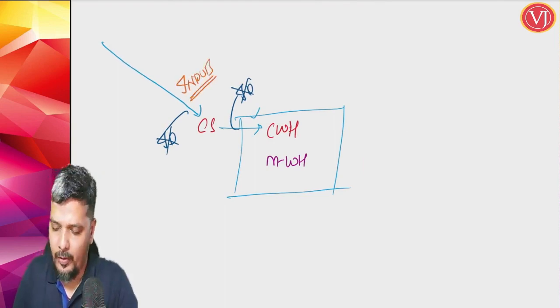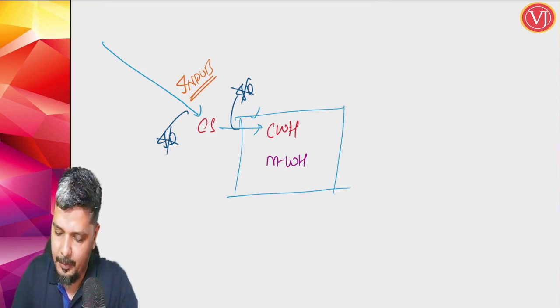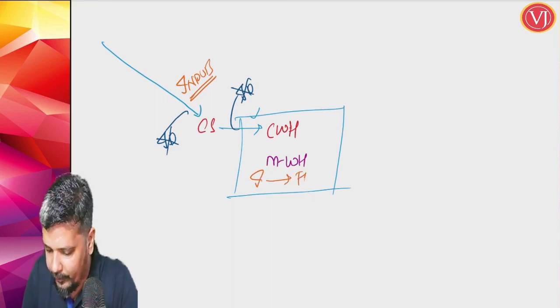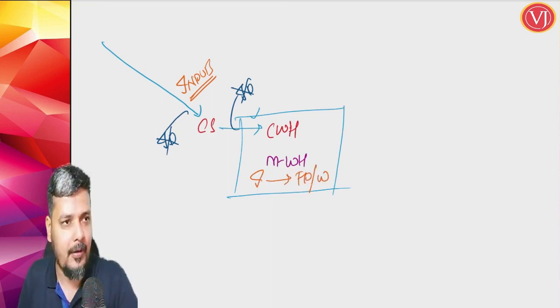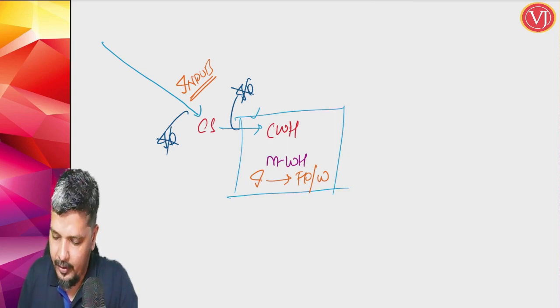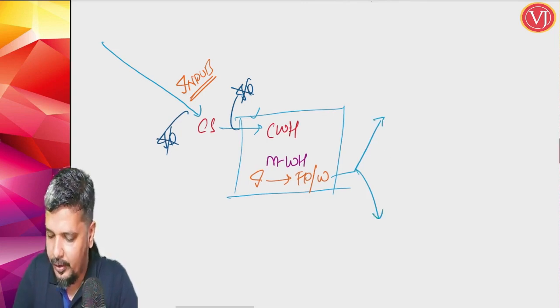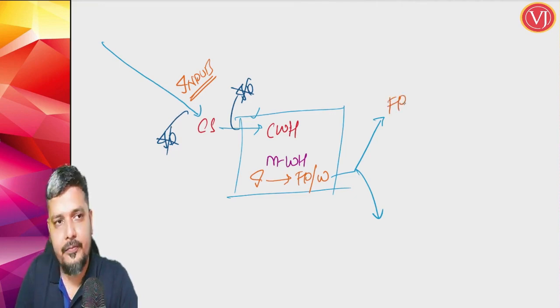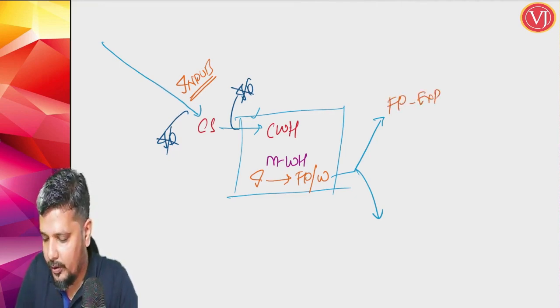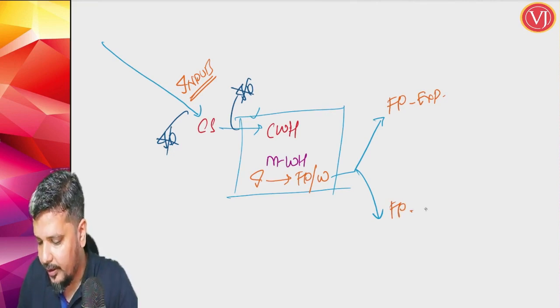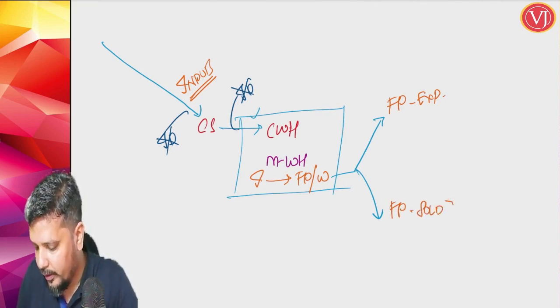After manufacturing, your inputs will be converted to finished products and waste and scrap, correct? After you manufacture, you have to bifurcate the finished products that are exported and the finished products that are sold in India.